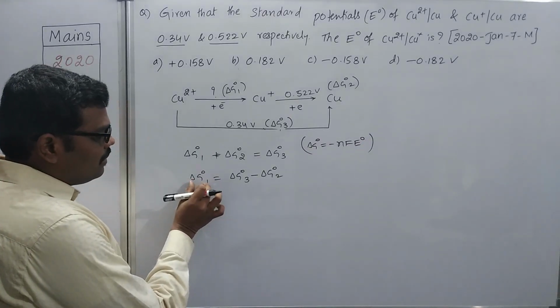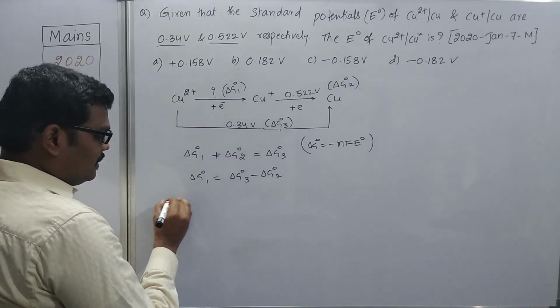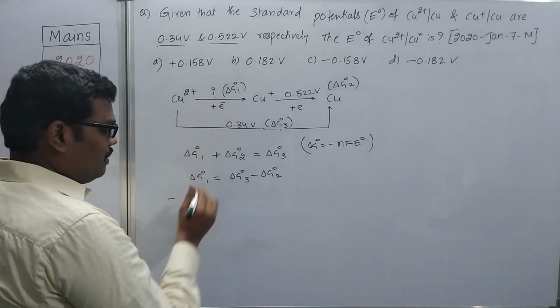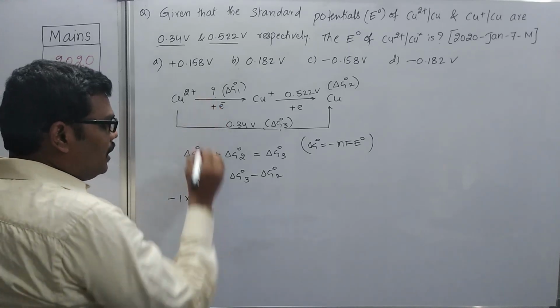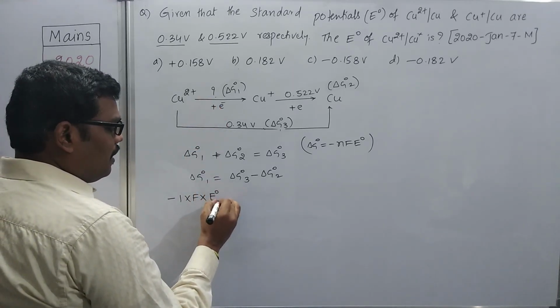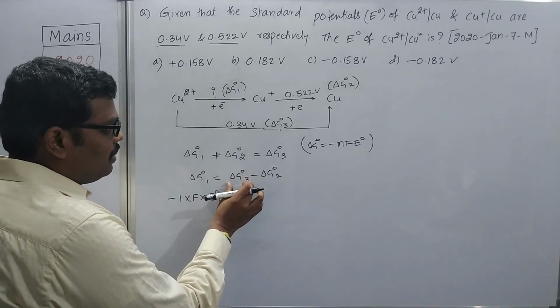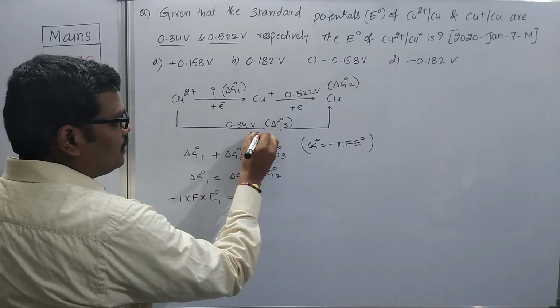Delta G01 represents this process. For this, the n value is 1 because in this process only one electron is involved. So 1 into F into E0, let it be E01, that is equal to delta G03. How many electrons are involved in this process? 2 electrons.